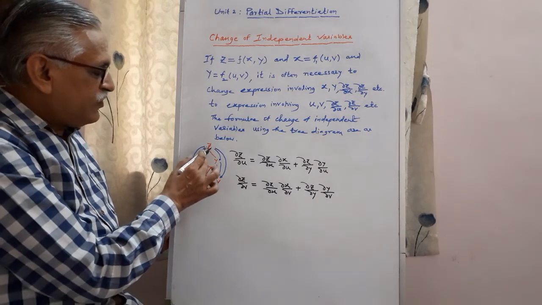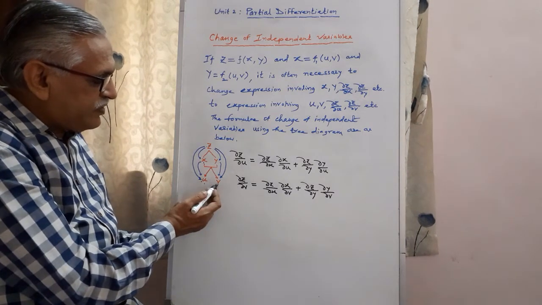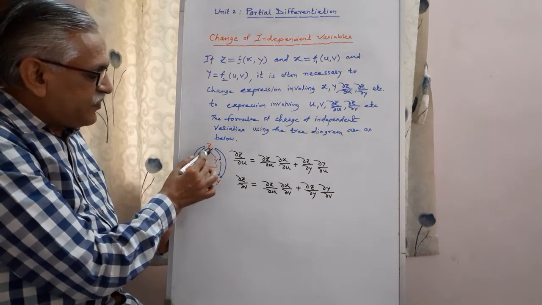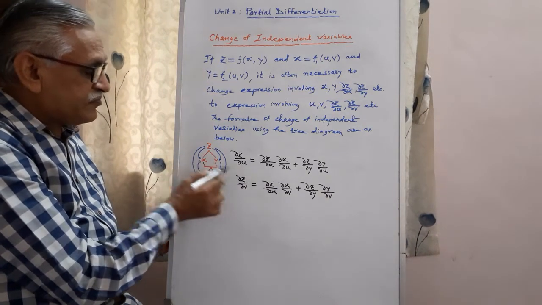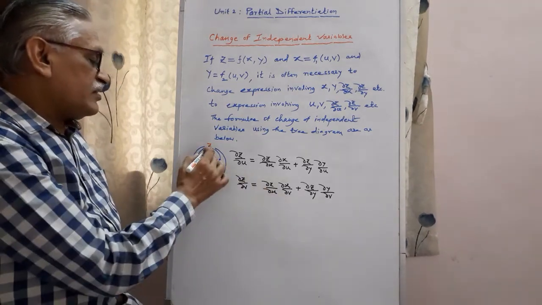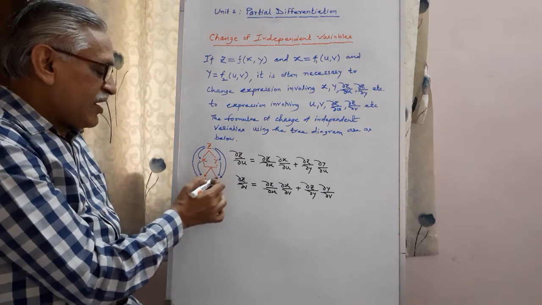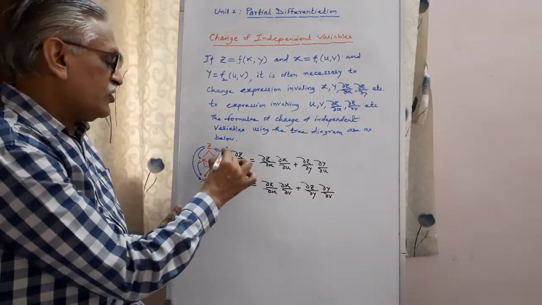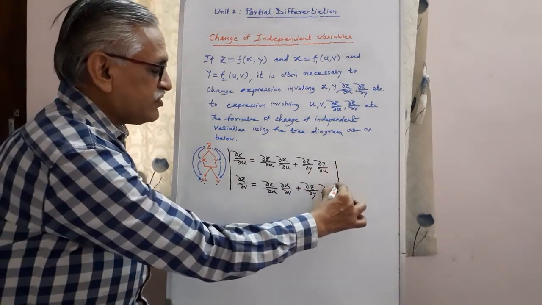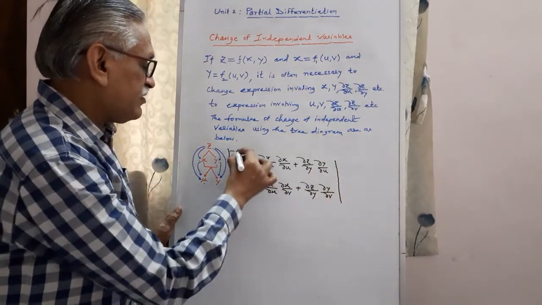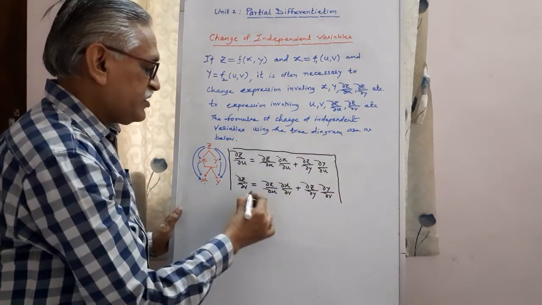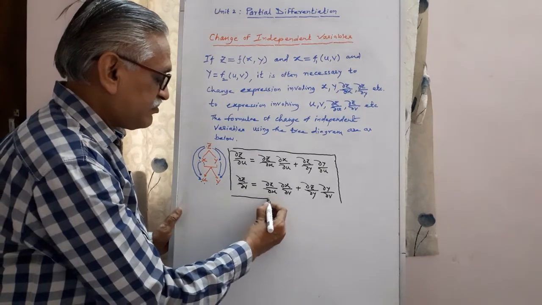Then when we require to obtain dou z by dou v, for that we have to differentiate z first with respect to x and x with respect to v, plus z with respect to y and y with respect to v. Therefore, these are the formulas to find change of independent variable.